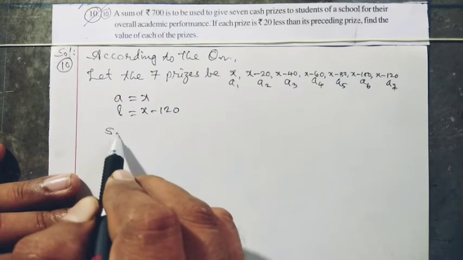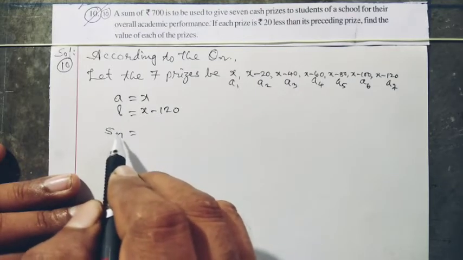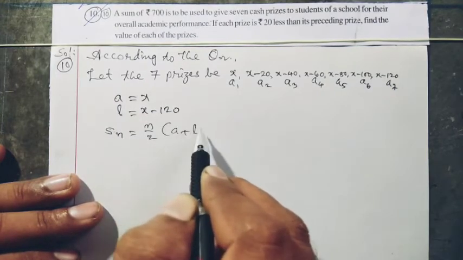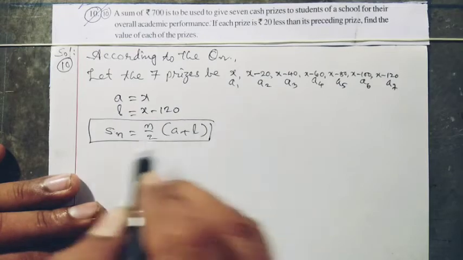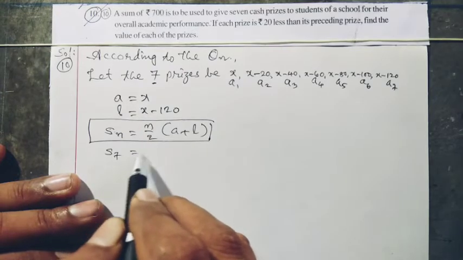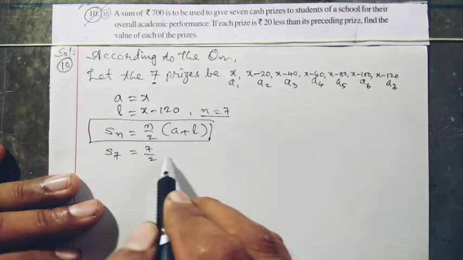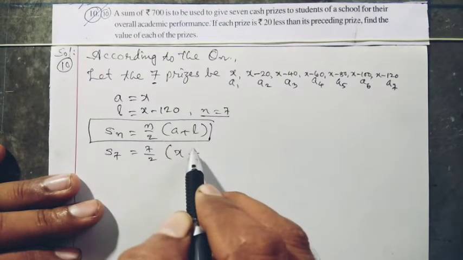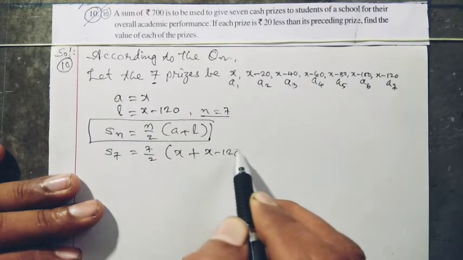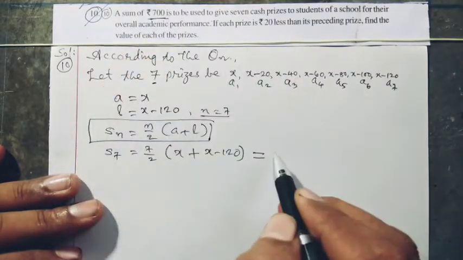We know the formula, the sum of n terms of an AP, Sn is equal to n by 2 times (a plus L). Basing on this formula, we can find the 7 prizes. S7 is equal to 7 by 2, n is equal to 7, first term x, last term x minus 120. This is given as 700 rupees.